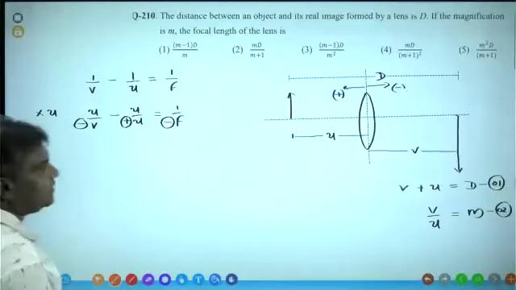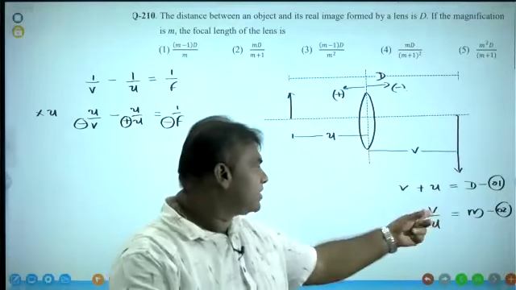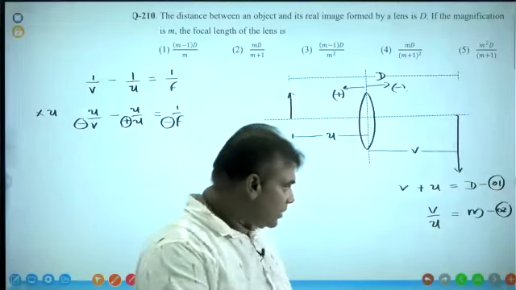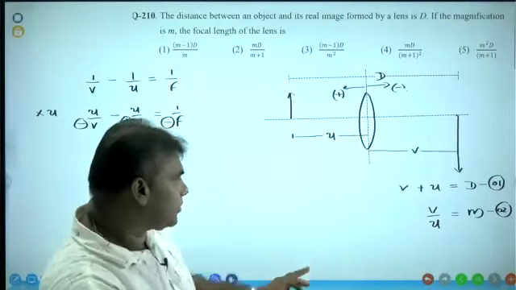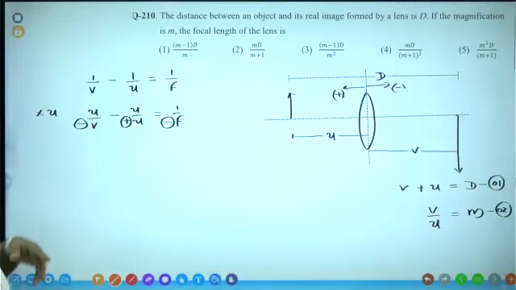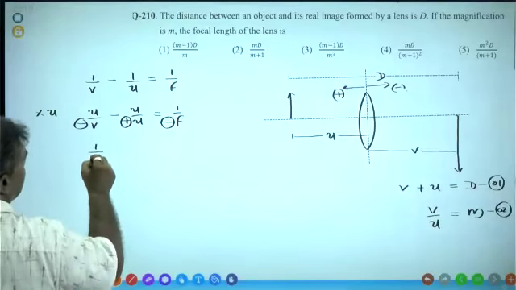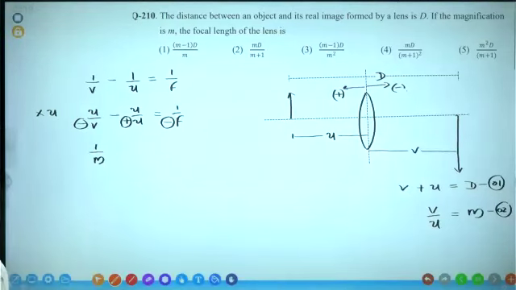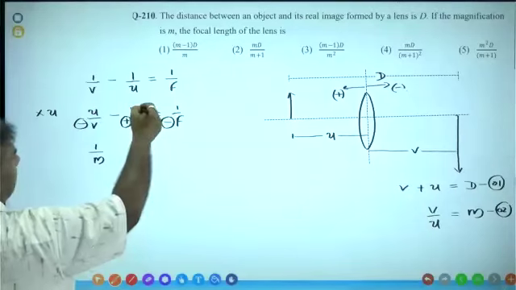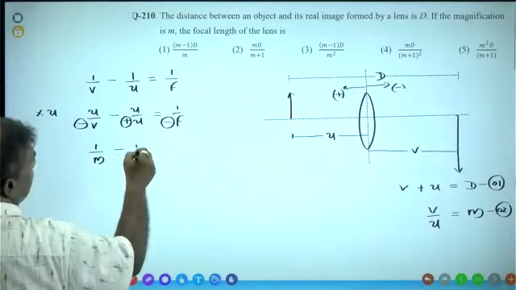Then U over V is the inversion of this one. V over U, the reciprocal is U over V. Then you can say here 1 over M, right? Here U cancels, minus 1.